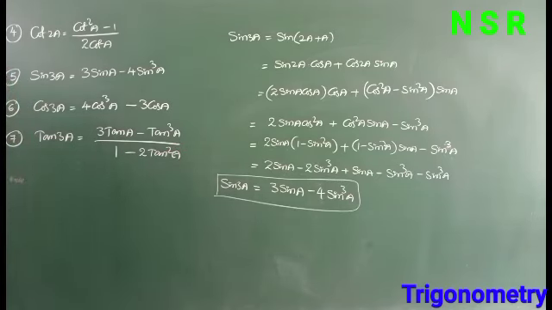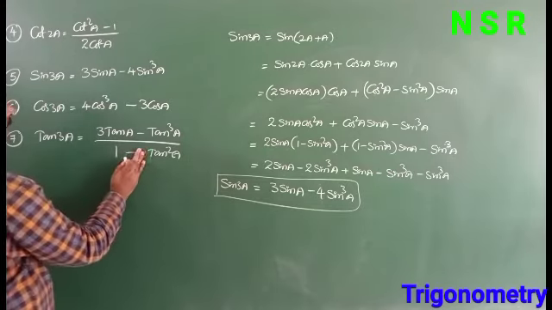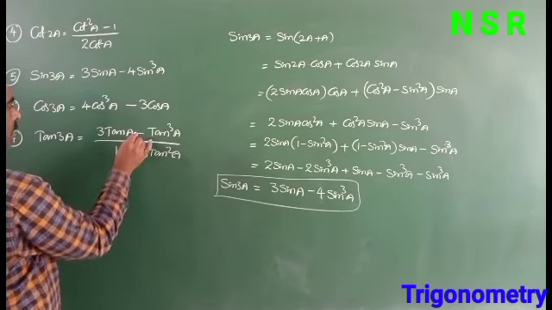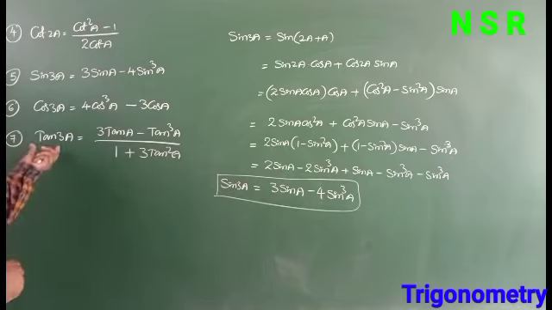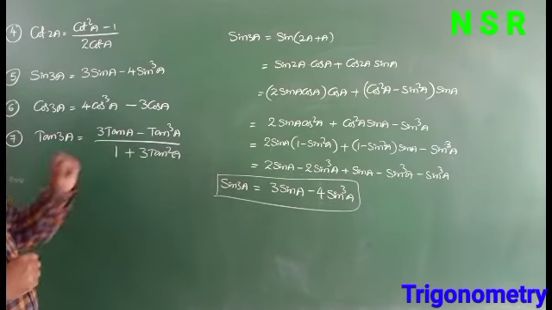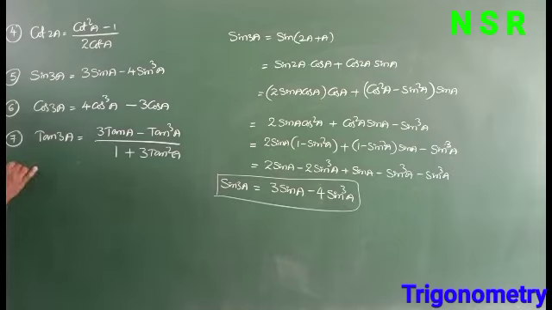So this is the tan 3a formula. Here we get 3, so here also 3 is there. So this is minus and this is plus. So the tan 3a formula is 3 tan a minus tan cube a by 1 plus 3 tan square a.